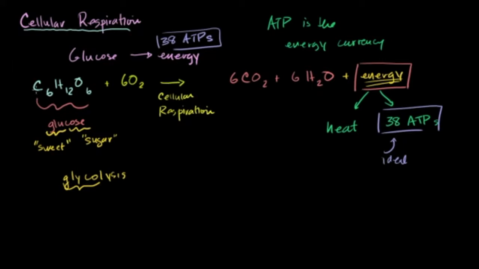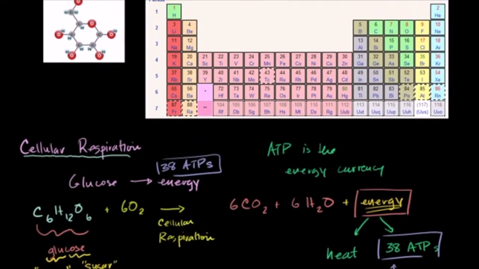And what it does is it breaks up the glucose from a six carbon molecule. Let me draw it like this. A 6-carbon molecule that looks like this, and it's actually a cycle. Let me show you what glucose actually looks like.